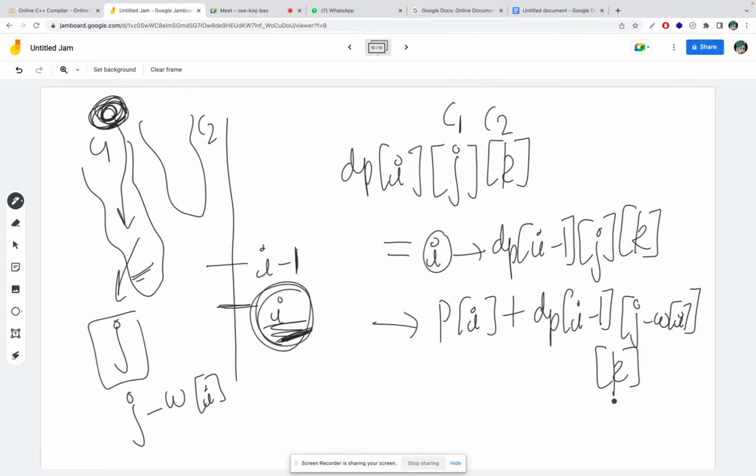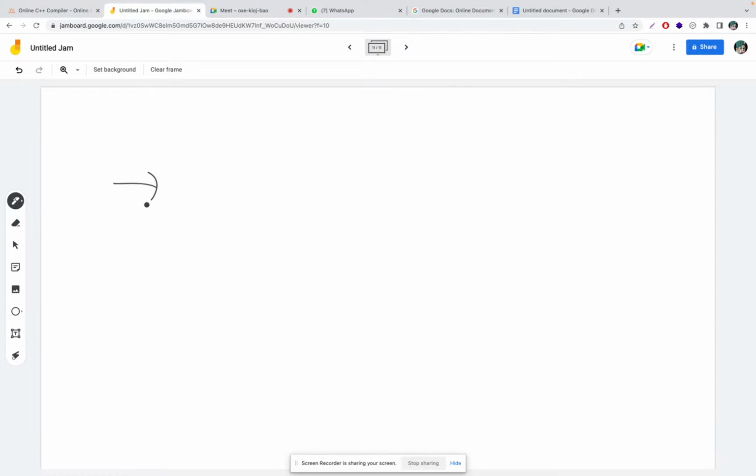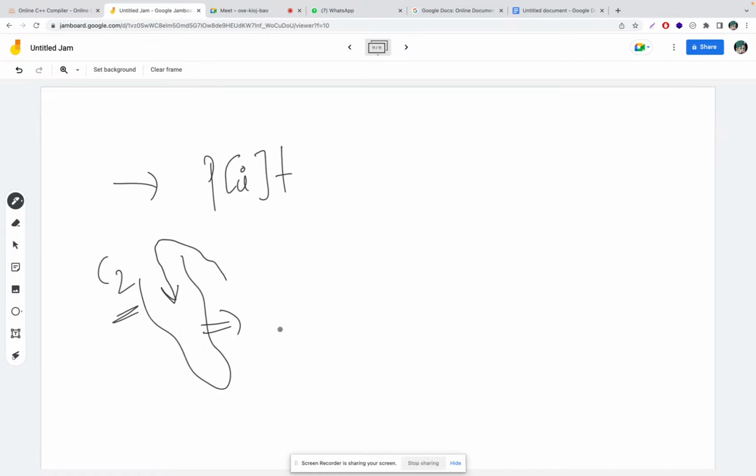Very good. Guys, what can be the third option? The third option: C1 is done, now which bag are you thinking of putting the item into? The C2 bag. So if you put an item of size W of I in the C2 bag, what will be the leftover space?